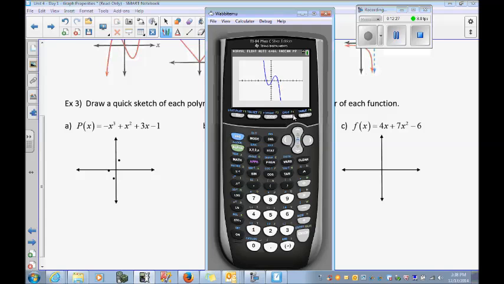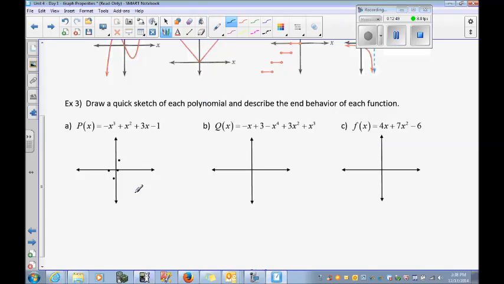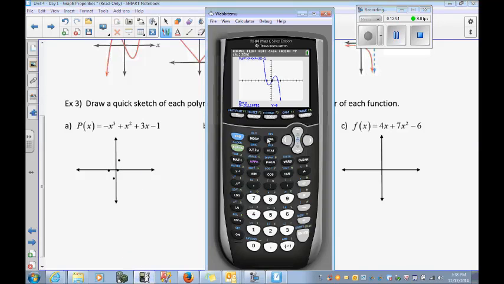So second trace, zero. It's our left bound. Go back over. It's our right bound. And guess. And it says that it's at 0.31. So really tiny in here. And then let's look for our last zero.